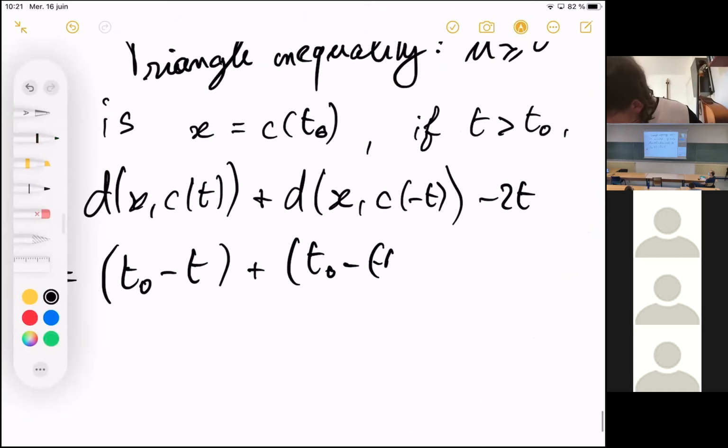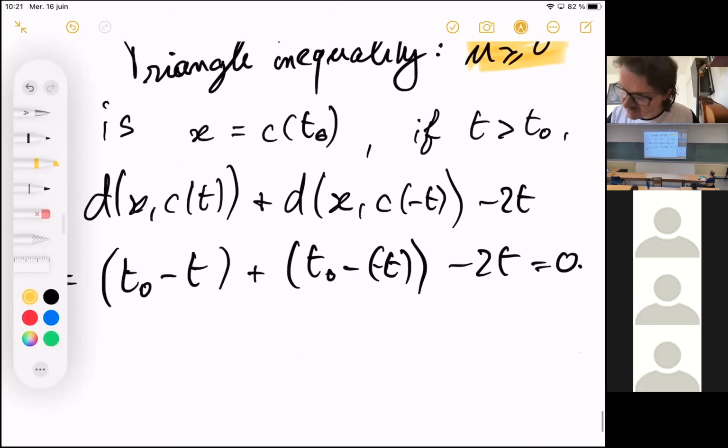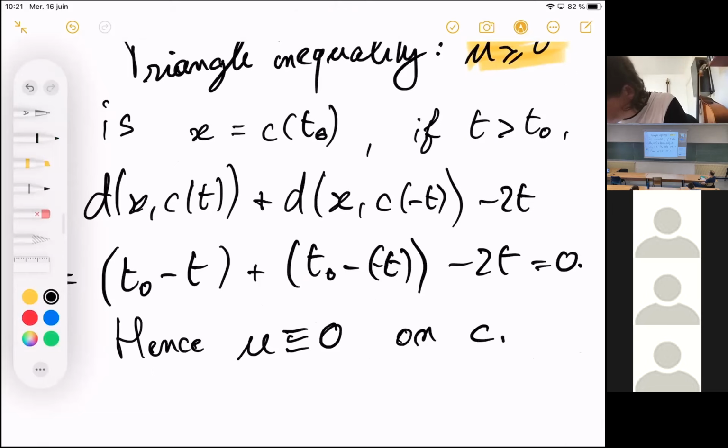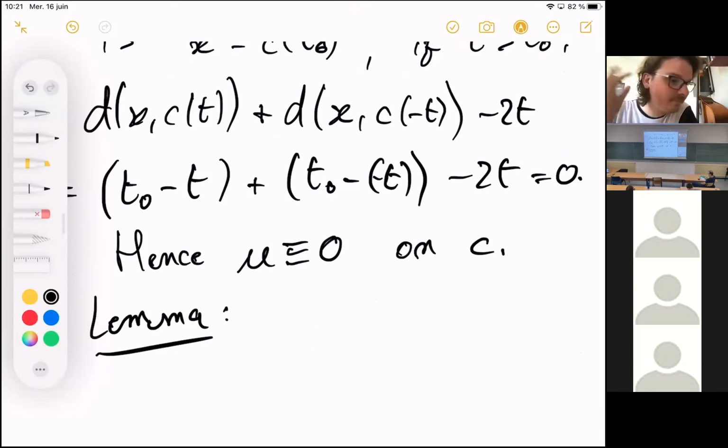And this will be equal to 0. So we have non-negativity of u, and we also have that u vanishes on C. So far, we haven't used the non-negative Ricci curvature.